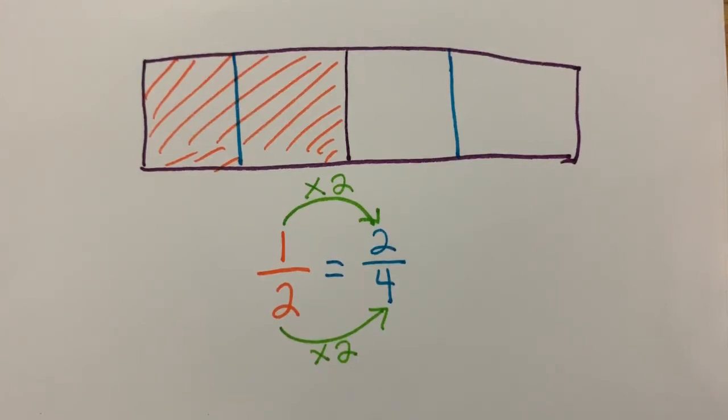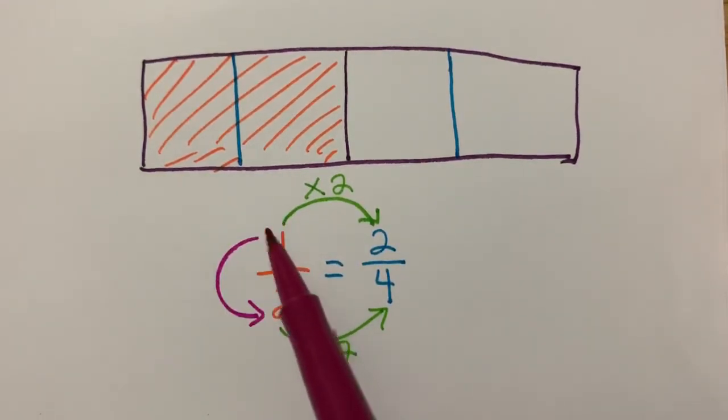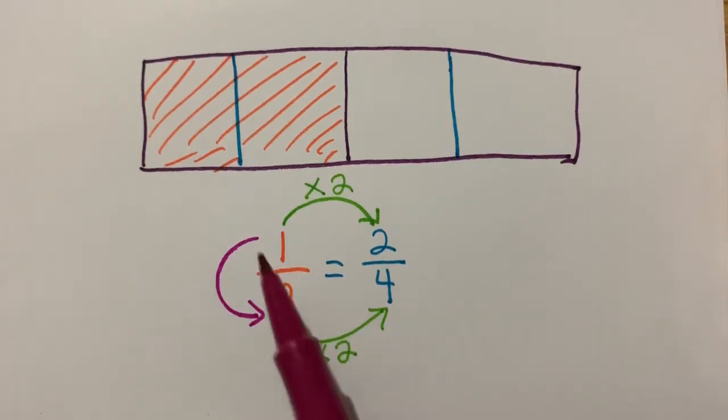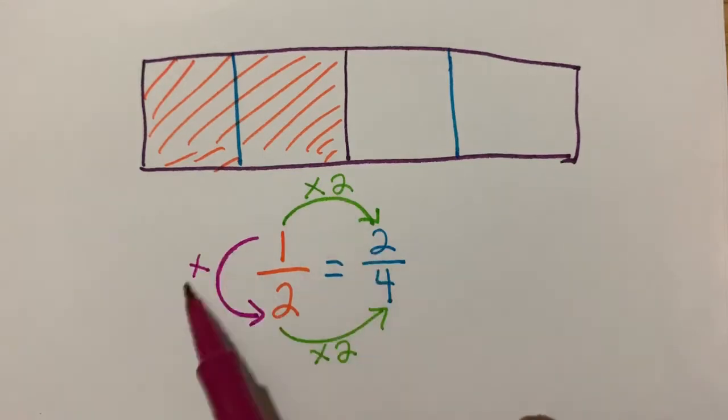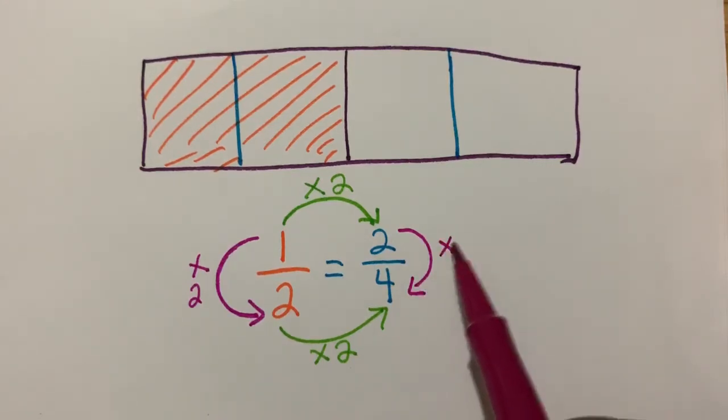Another way you can check is using the outer relationship. If I have 1 on the numerator, in order to get to my denominator, again, it was the same relationship. You doubled it. And I'm going to do the same thing on the other side.